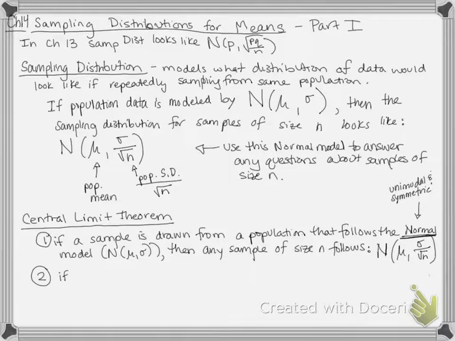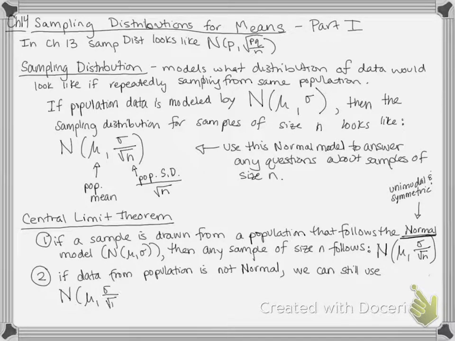So if the data from the population is not normal, we can still use the normal model where we repeat the same population mean and take the standard deviation and divide by the square root of the sample size, if we are given a sample size greater than or equal to 30.